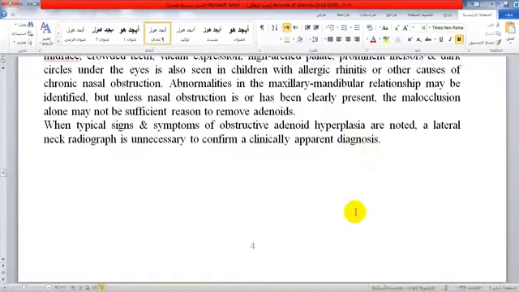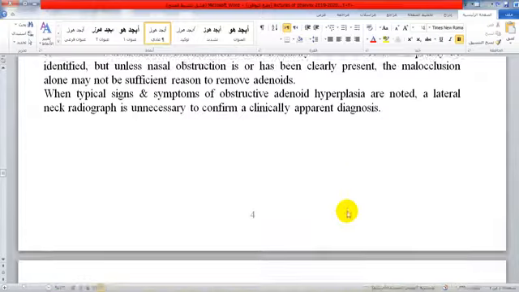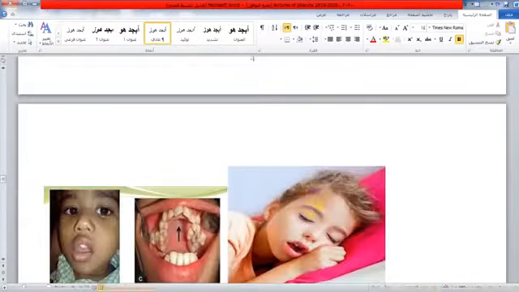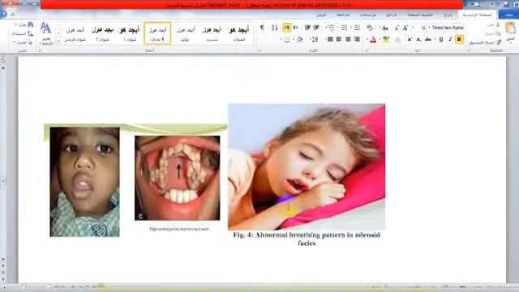Some colleagues always take the lateral X-ray of the nasopharynx, but it is not very important. If it is possible to do endoscopy and a good clinical evaluation, examination, and history, you can reach the diagnosis of the adenoids.